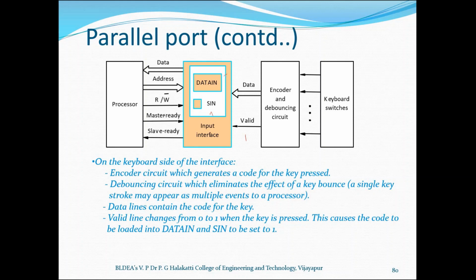The synchronous handshake signal controls the data transfer on the bus. The read-write signal distinguishes whether it is a read or a write operation. If it is a read, it will be 1. If it is a write, it will be a 0 signal. Now we have a detailed circuitry here.